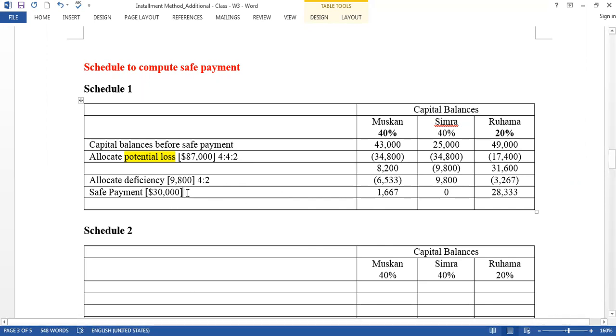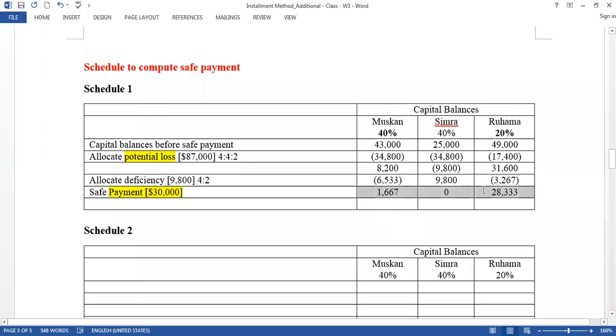We have $30,000 available, right? And this $30,000 business is going to pay 1,667 to Muskan and 28,333 to Ruhama. Shimra is not going to receive any money, right? So this $30,000 is not going to be paid based on this ratio. Try to understand. This $30,000 is paid based on a safe payment schedule.